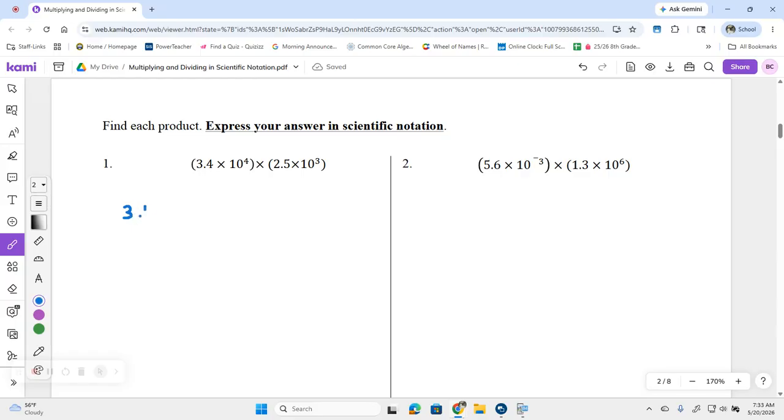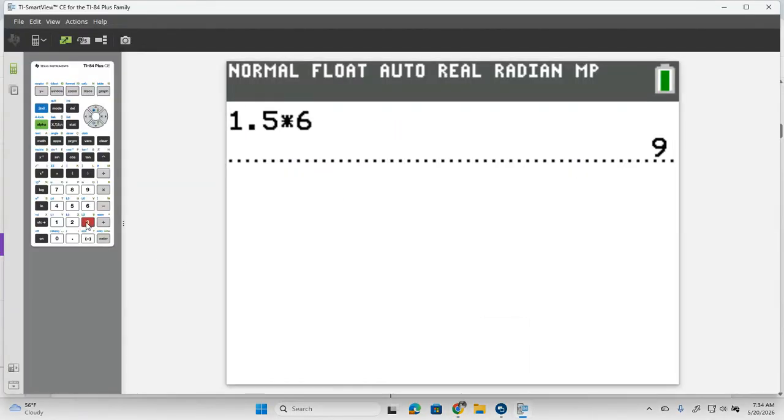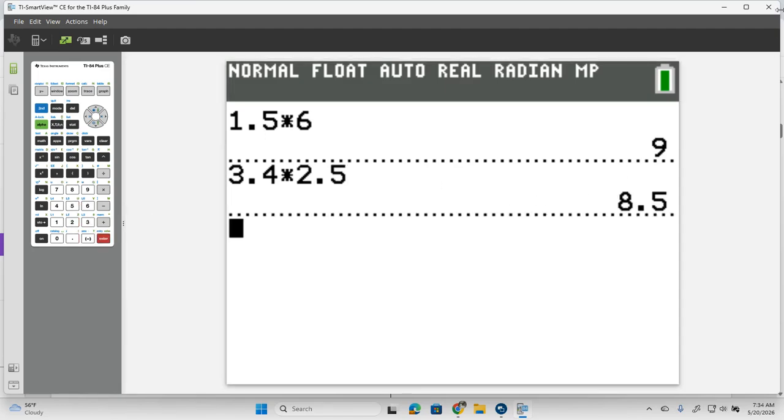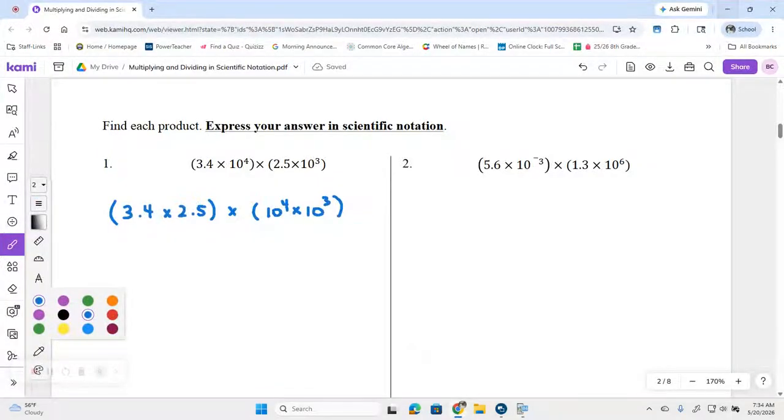We're going to multiply 3.4 by 2.5, and then 10 to the 4th times 10 to the 3rd. 3.4 times 2.5 is 8.5. 10 to the 4th times 10 to the 3rd.